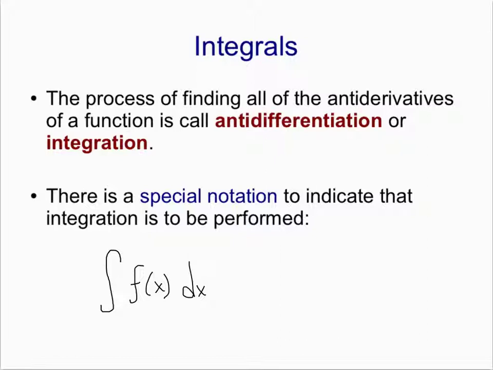You put a little dx at the end, that differential. When you write this notation here, that's the same as finding the antiderivative, and remember they all differ by a constant. So this special notation here is the integral sign, the function that you want to find the antiderivative of, and the variable with which we're finding the integration with respect to.